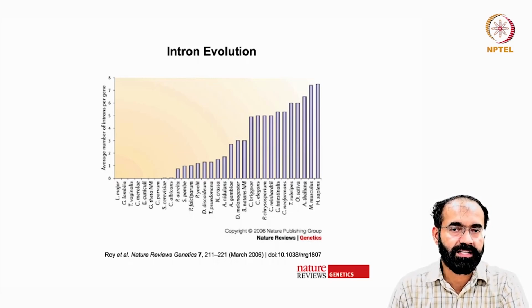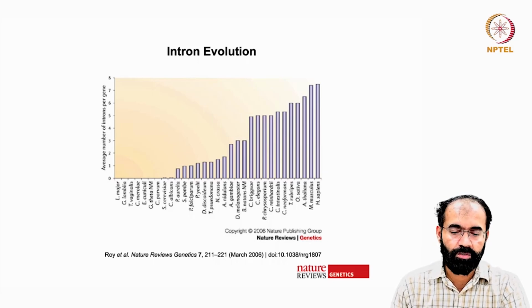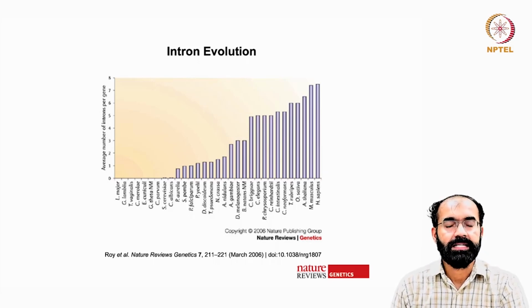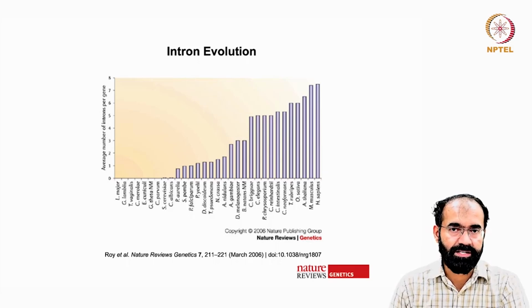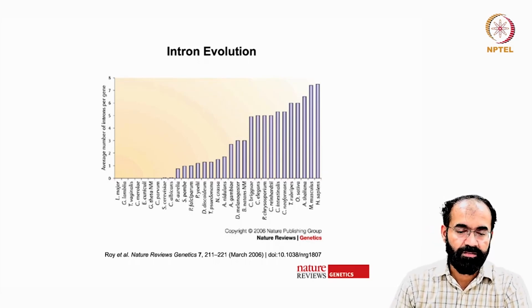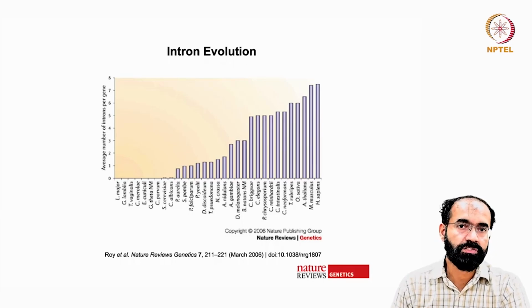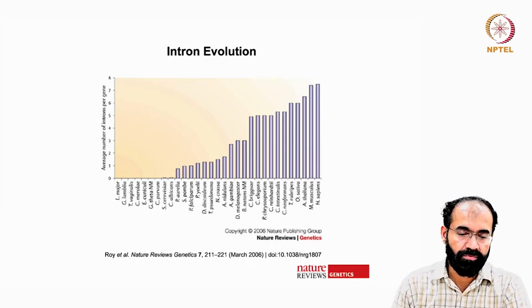So we will try to understand what is the relevance, how introns evolved. Can we derive some information? Can we inherit some information from the introns across different clades of animals?